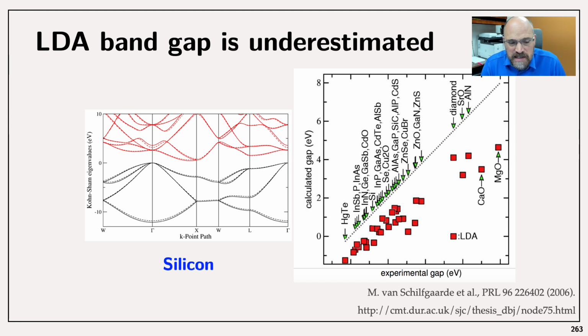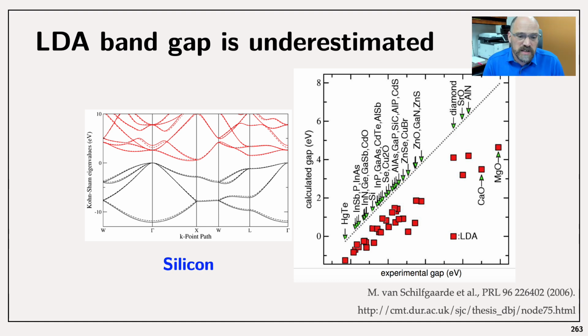You can say that's nice, because it simply means a consistently lower value of the gap. But you can also see that some of them are grossly underestimated, maybe up to 50%.